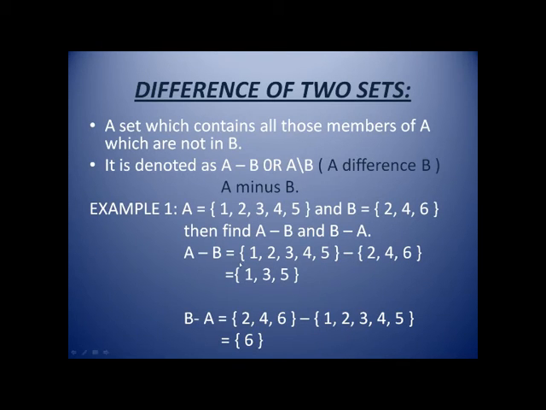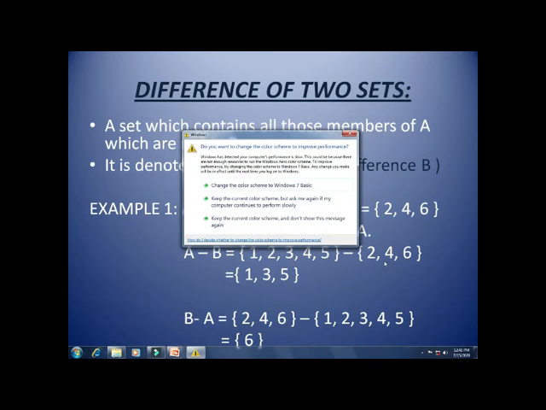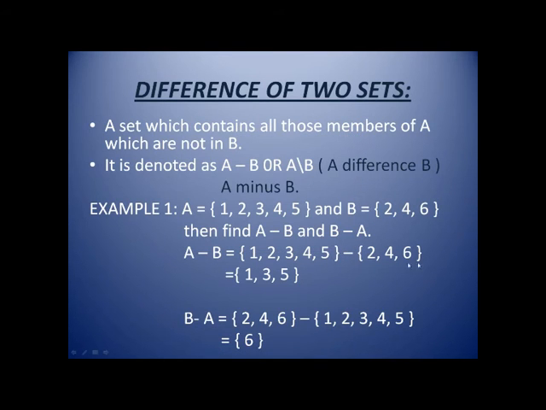Now all the members of set A which are not present in set B. So we have to write all the members of set A which are not present in set B. So 1 is not present in set B, then 3 is not present in set B, and 5 also is not present in set B. So A difference B is 1, 3 and 5.